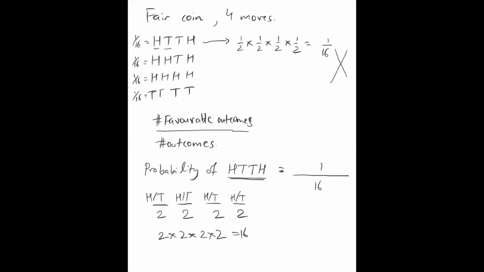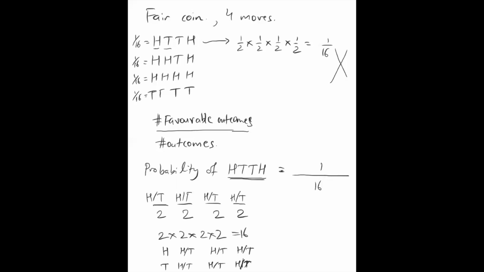You are choosing freely, so suppose you have H at the first one, then I still have 2 choices here, H or T, and 2 choices here, H or T. Or if I have tails first, then I have H or T, H or T again. That's why you multiply all of them, because for every fixed choice you have a bunch of choices later. So that's how you get 1 upon 16 here.